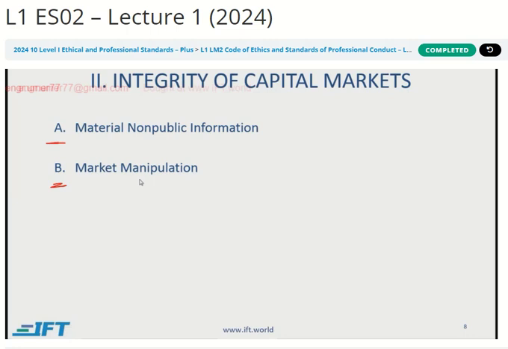You must not engage in practices that distort prices or artificially inflate trading volume with the intent to mislead other market participants.